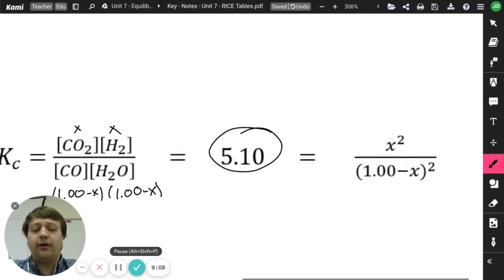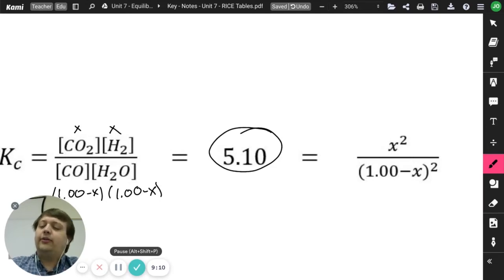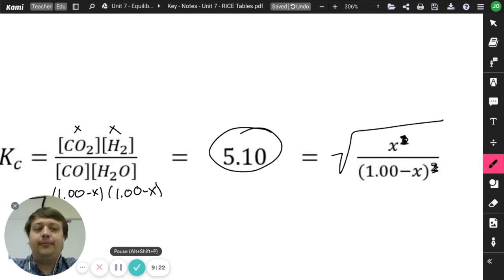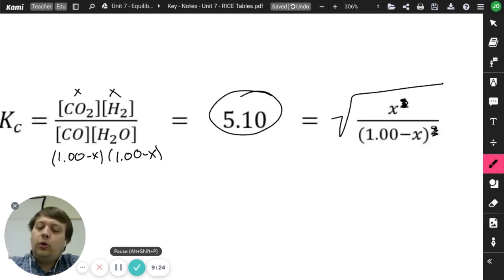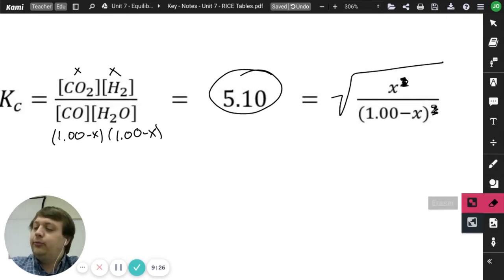So how do I solve this? Well, looking at this, on the right side of the equation, everything is squared. So the easiest thing to do is go ahead and take the square root. What that's going to do is get rid of the squares. Okay? So I'm actually going to rewrite this.